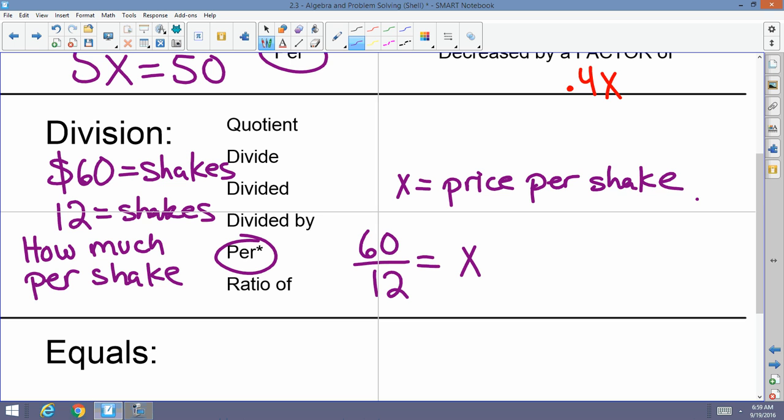So it really depends on the way they word the problem, but per can be used for both multiplication and division. Go ahead and hit pause for me, please. Write all of this down and make sure it's nice and neat in your notebook. Thank you.